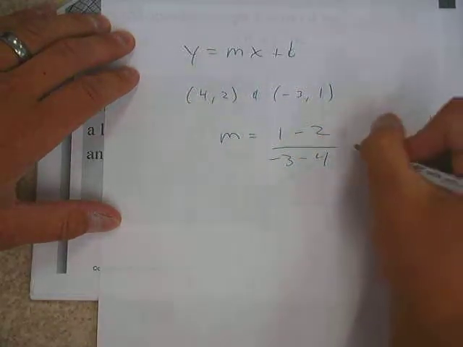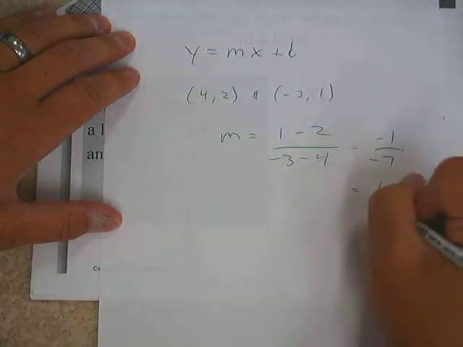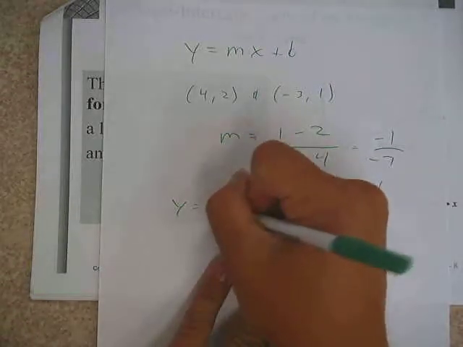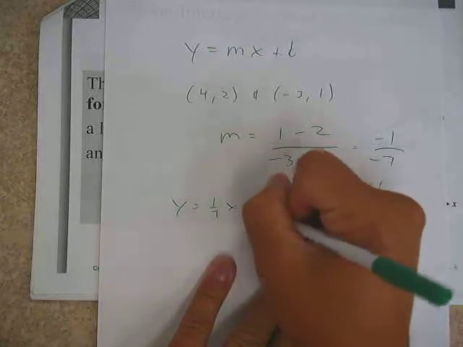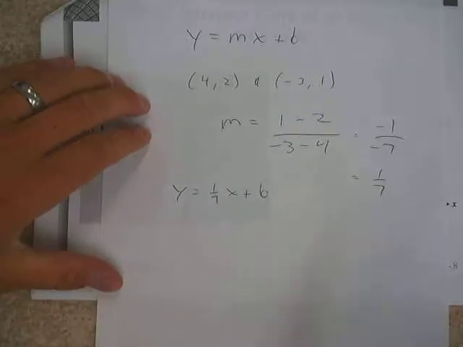If we were to go slope first, since we have 2 points, we need a slope. 1 minus 2 over negative 3 minus 4. We'd wind up with negative 1 over negative 7. So our slope would be 1/7. Negative divided by a negative. So we got the slope calculated. So essentially we have one blank filled in.